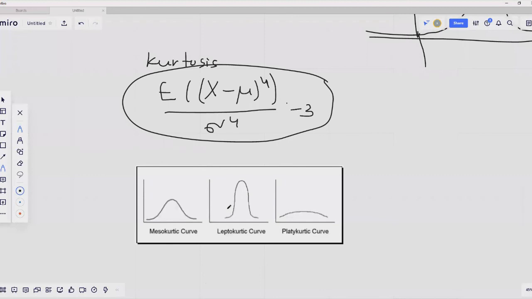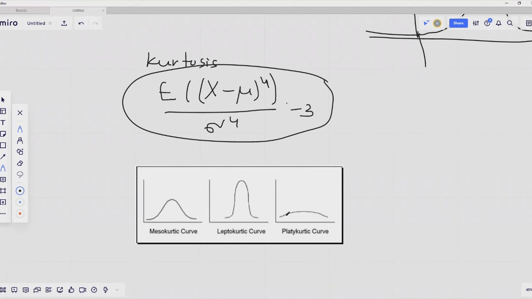Now, in the case when kurtosis has a positive value, we'll have a leptokurtic curve, which, as you can notice, has a higher peaked mean, and the tails are thinner, so thin tails.